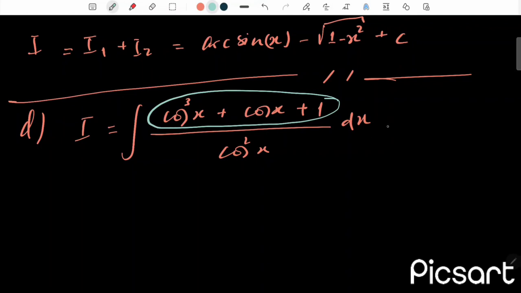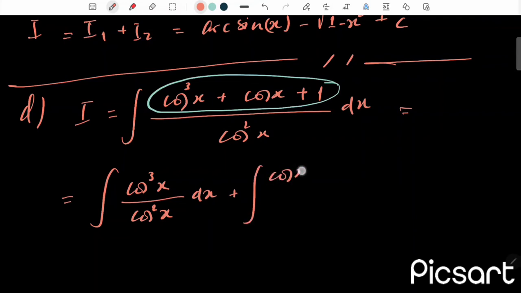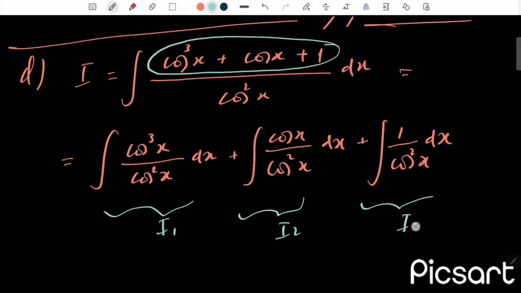So we can rewrite this integral as the integral of cos cube x over cos square x d of x plus cos of x over cos square x d of x plus 1 over cos square of x d of x. Now we have I1, I2 and I3.